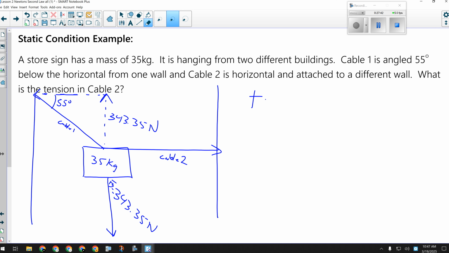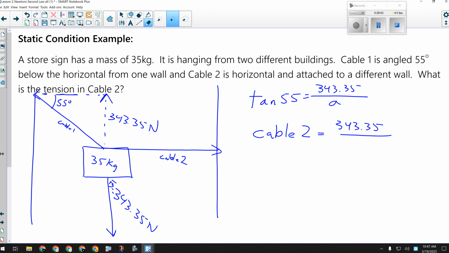So if I say the tan of 55 equals 343.35 over the adjacent side, all I have to do is move A over there and bring tan of 55 this way. So basically, the force in cable 2 is 343.35 divided by the tan of 55.